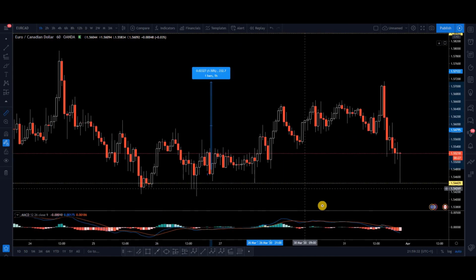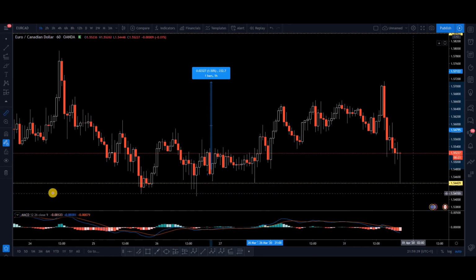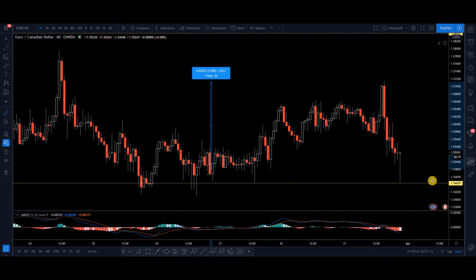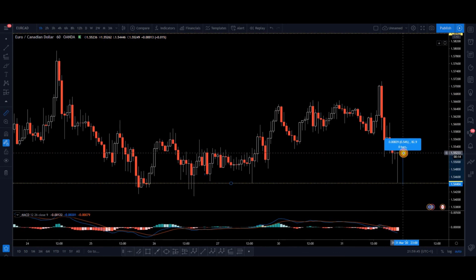Now, as you can see here, price has come down to our 3 month structure wick and price has bounced. And let's just take a close look at how much that has bounced. In one hourly candle, that has bounced 82 pips.